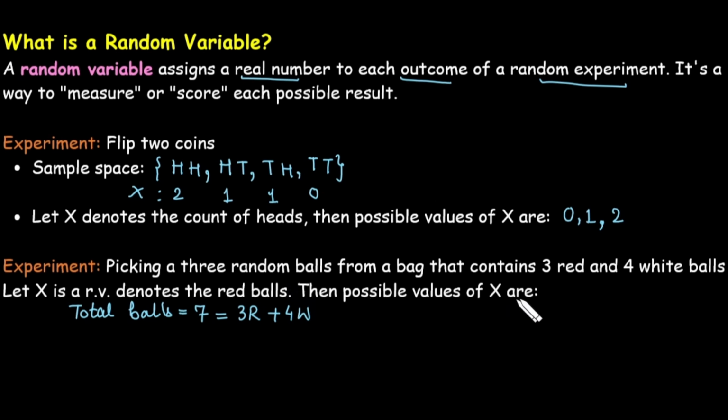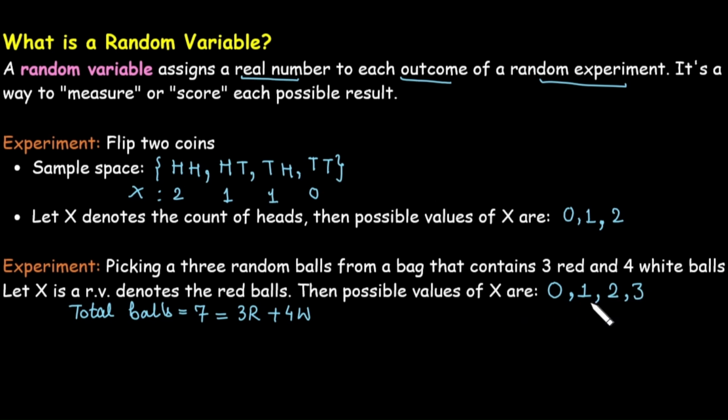What are the possible values of x? अगर आपने 3 balls बैग में से निकाली हैं, क्या क्या केसेस हैं कि वो red balls होंगी? हो सकता है तीनों balls हमारी white हों. So we can say the value of x is 0. हो सकता है सिर्फ एक बॉल रेड हो बाकी वाइट हो, and two balls are red, or all three balls are red.